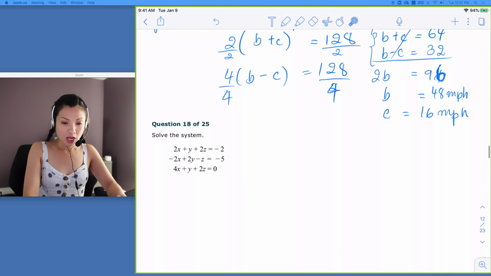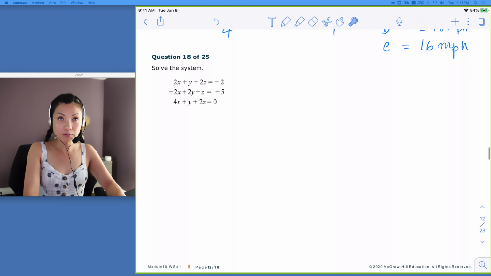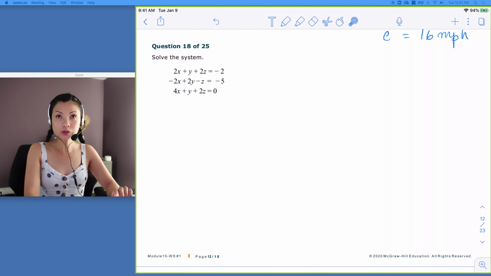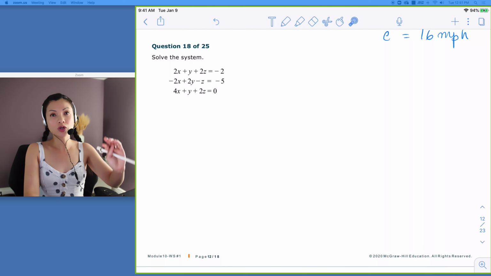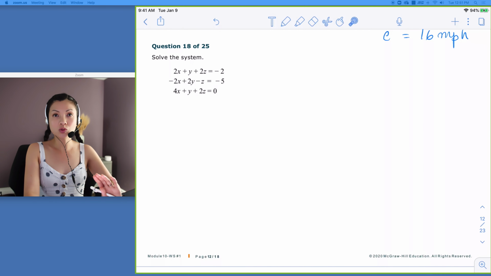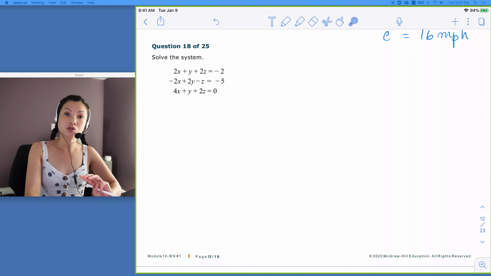All right. Now, moving on to a 3 by 3 system. When you have 3 variables, just like having 2 variables where we go from 2 to 1, for 3 variables you want to eliminate 1 variable at a time. So we go from 3 to 2 and from 2 to 1.